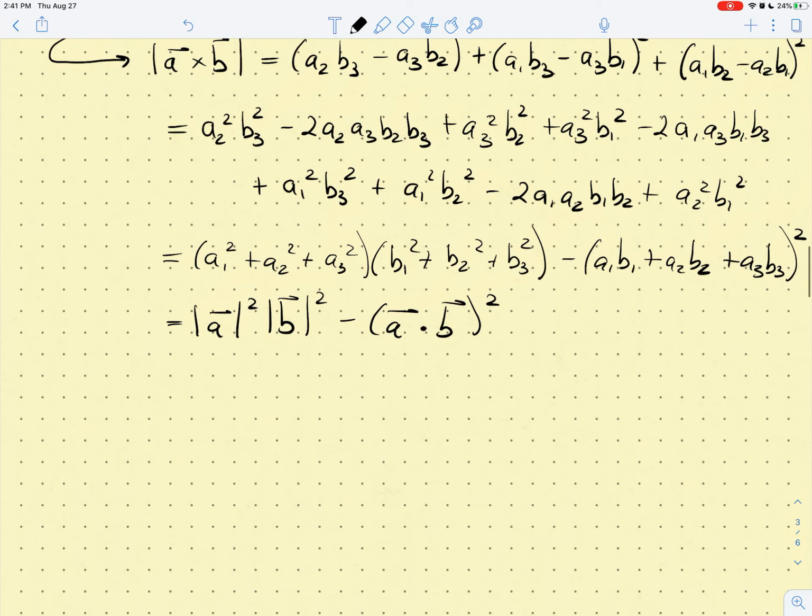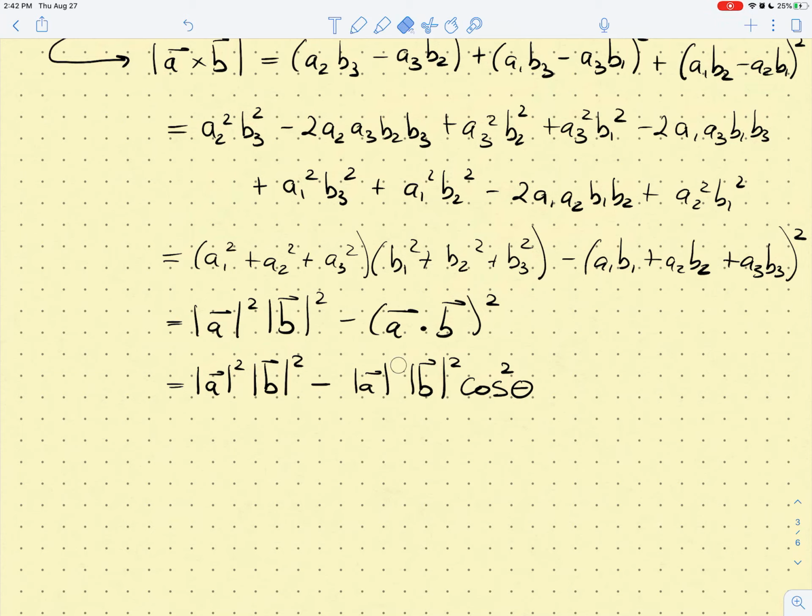All right. Let's use our other fancy formula for the dot product. So I get length of A squared, length of B squared minus, and then I get what? Length of A squared, length of B squared, and then I get cosine theta, and it's squared because everything is squared here.